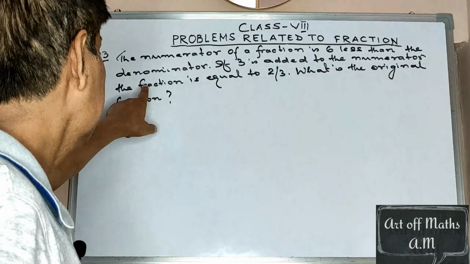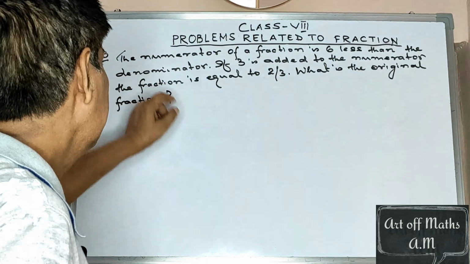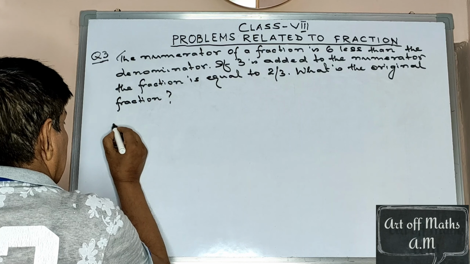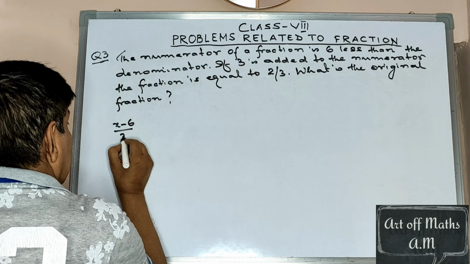This is the third question. The numerator of a fraction is 6 less than the denominator. Okay, x minus 6 divided by x.